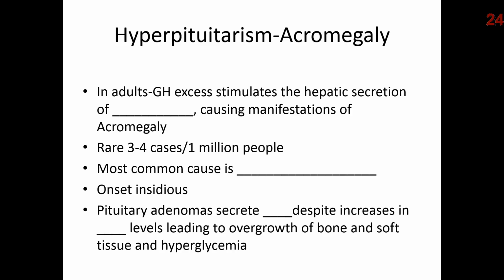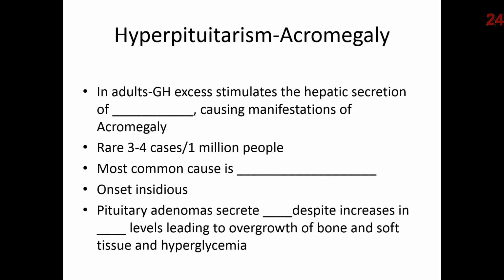The most common cause is, again, a somatotropic adenoma. The onset for this disease is often insidious, and the pituitary adenoma secretes growth hormone. Even though there are increases in the IGF-1 levels, it still leads to an overgrowth of bone and soft tissue and hyperglycemia.